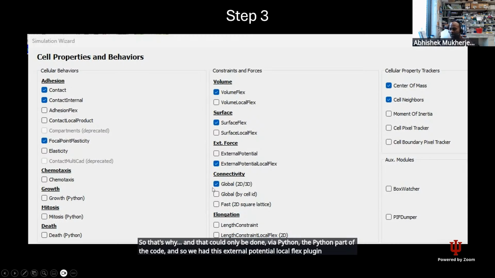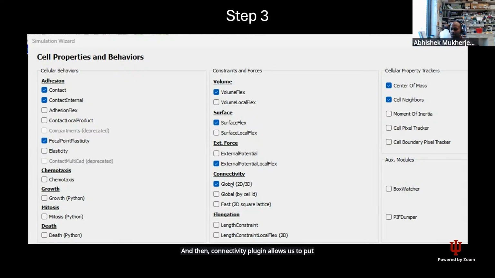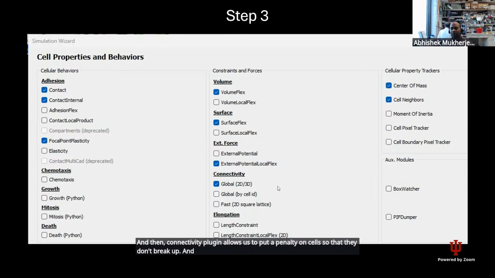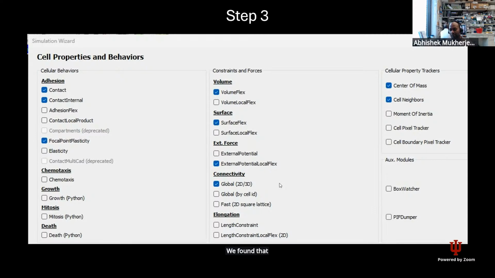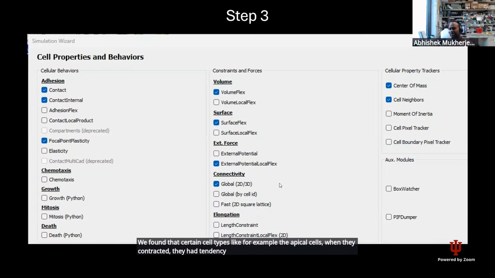And then connectivity plugin allows us to put a penalty on cells so that they don't break up. While making this model over many iterations, we found that certain cell types, like for example the apical cells, when they contracted, they had a tendency of breaking up, which imparted unintended consequences to the system.